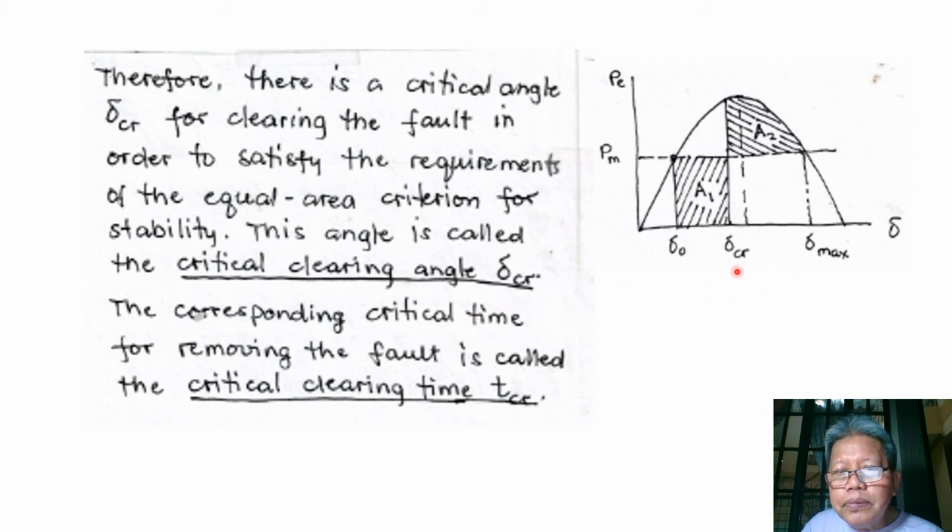So this is what we call the critical clearing angle delta CR. And the corresponding critical time for removing the fault is called the critical clearing time, TCR.